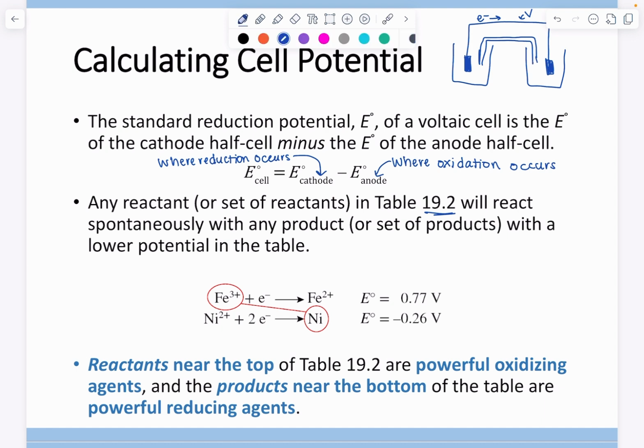That means Fe3+ is better at being reduced. That means Fe3+ and Fe2+ will be the cathode area.